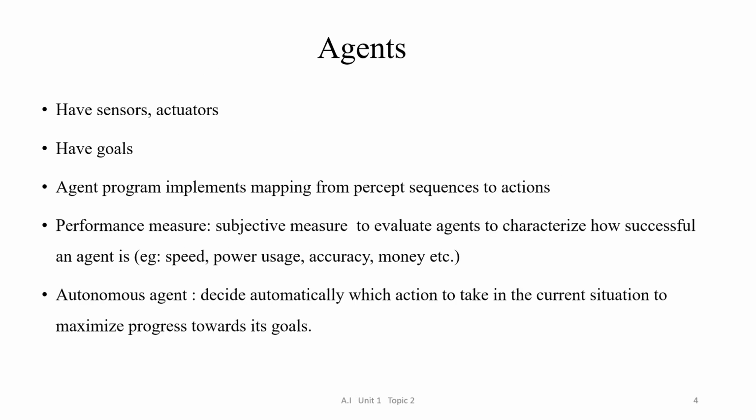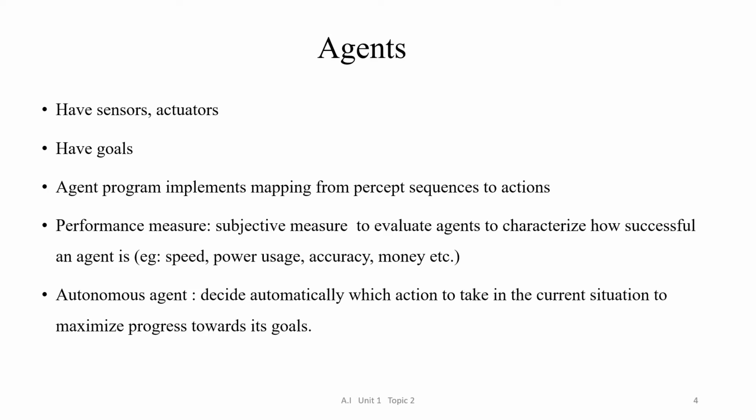Basic features of agents are: agents have sensors and actuators. They have goals to satisfy. An agent program implements a mapping from percept sequence to action sequence. Performance measures are subjective measures to evaluate agents, to characterize how successful an agent is.